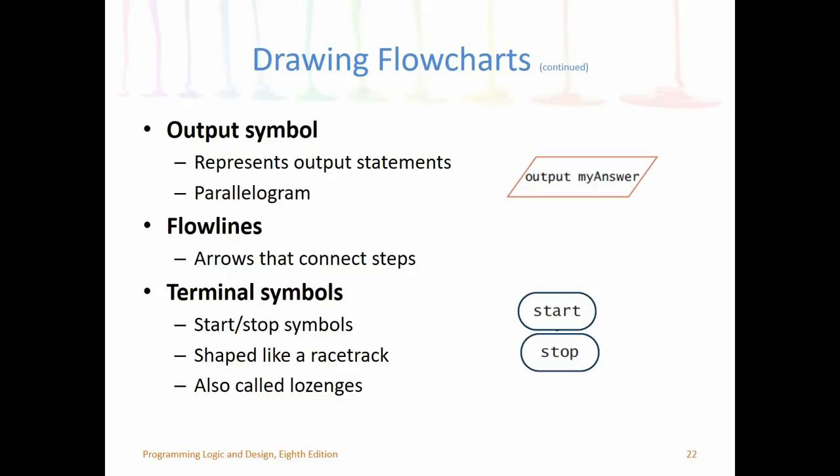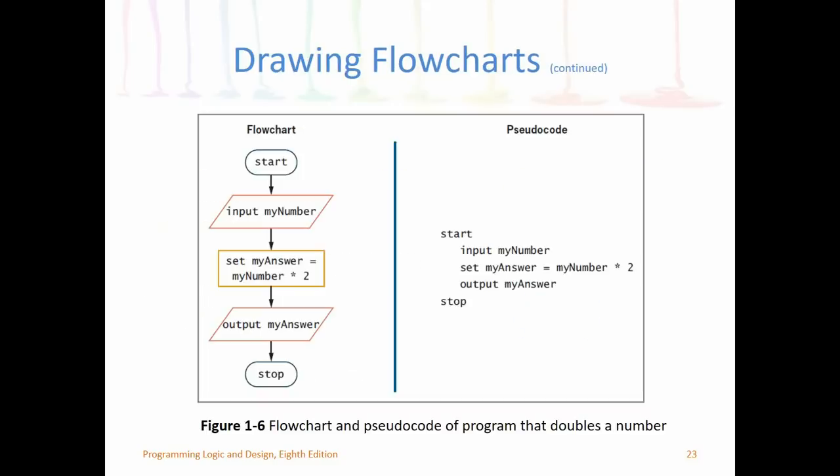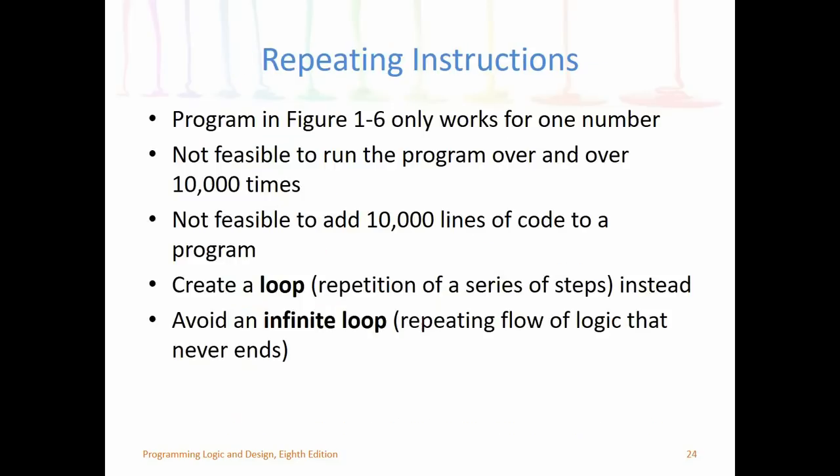Then we have the output symbol, which represents an output statement. Then the lines, which are the arrows that we saw. Then the terminal symbol, which is the start and stop of the program. Just like this, the program that we use pseudocode to double the number, my number, in front of you is the pseudocode, and in front of you is the flowchart.